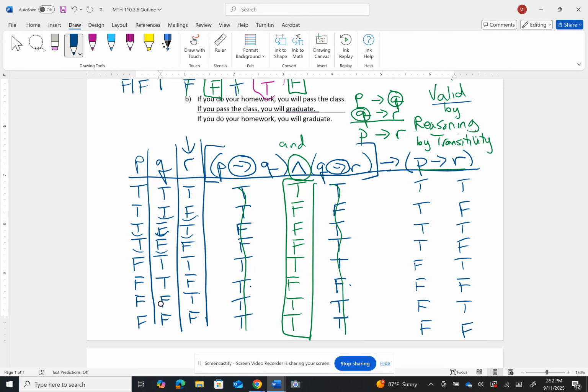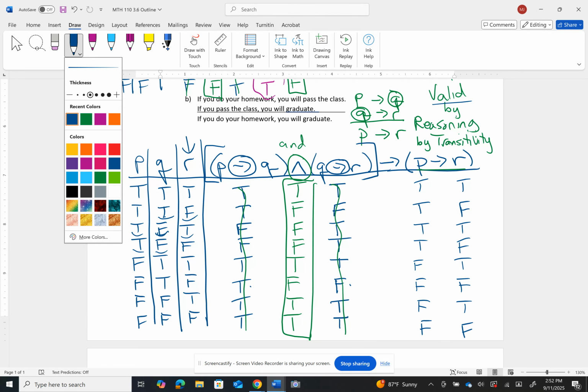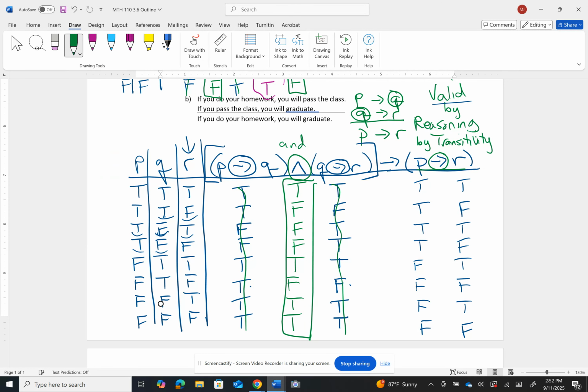Okay, now I'm going to work on that broken promise in the middle. Here, that one. And I know that the only time it's false is when I have a true followed by a false. Okay.